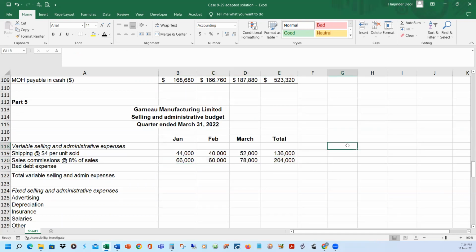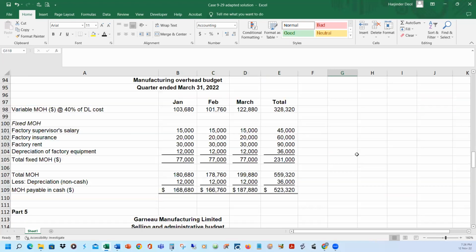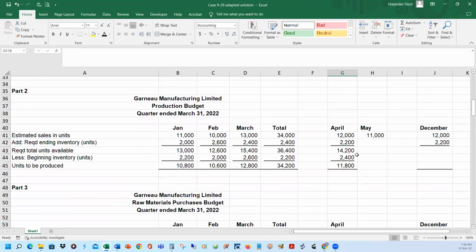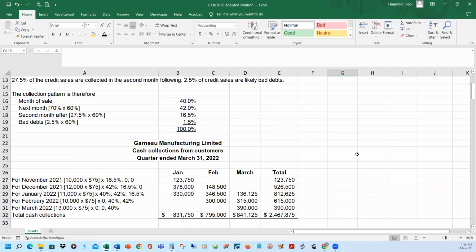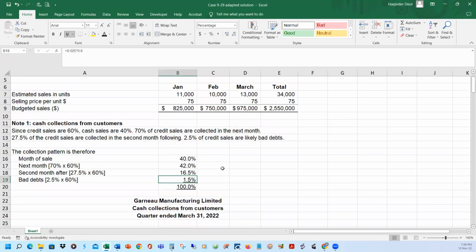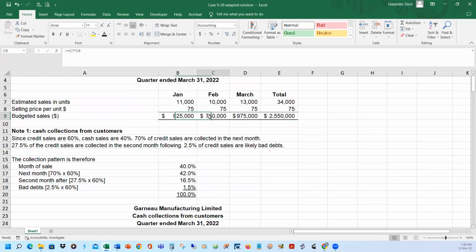And then finally, the bad debt expense. Recall that the bad debt expense was 2.5% of credit sales. And since credit sales were 60% of total sales, 2.5% of 60% worked out to 1.5% of total sales. So using that 1.5% makes life a little bit easier for us. We know what the total sales dollars are.